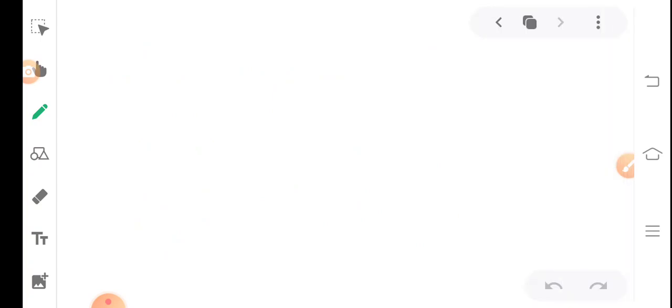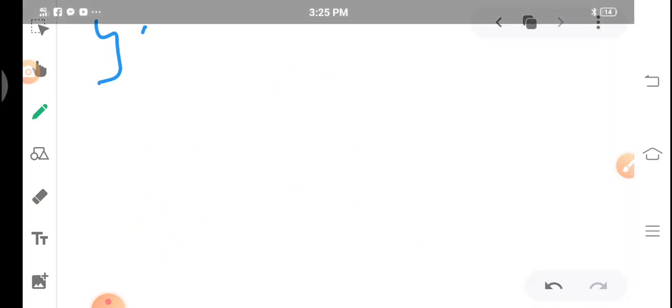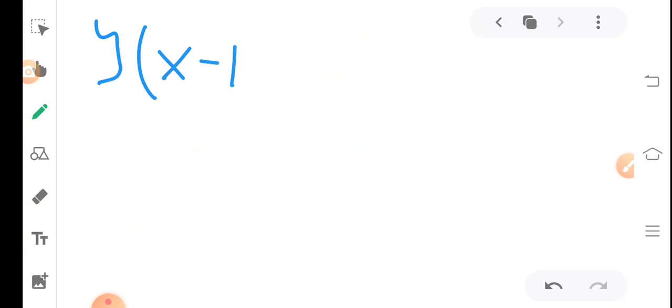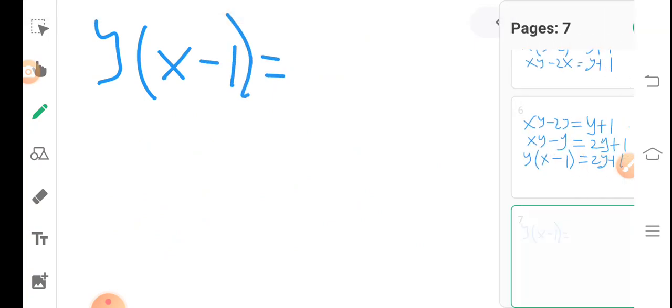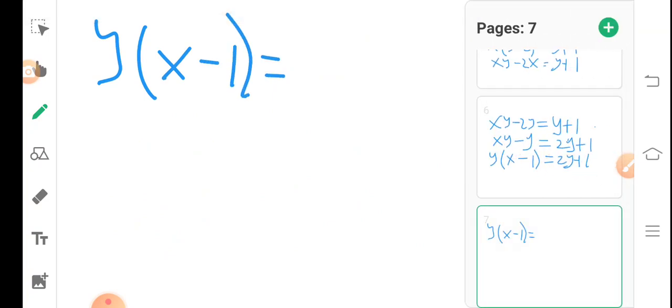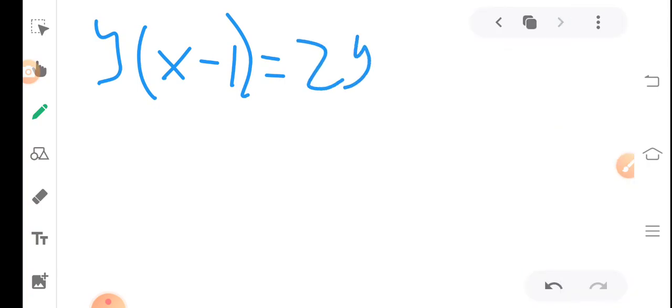So we have y times x minus 1 is equal to 2x plus 1. Sorry, this is not 2y but rather 2x.